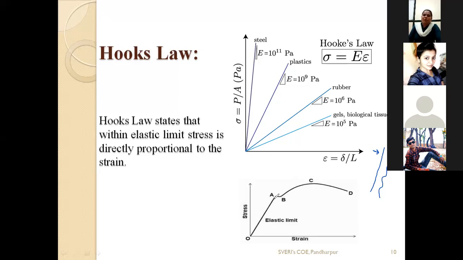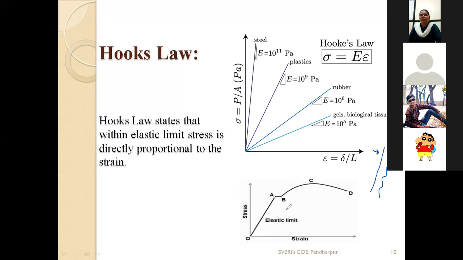Hooke's law states that within the elastic limit, stress is directly proportional to strain. See here, from O to A, you observe stress increases and by the same amount strain also increases. That's why stress is directly proportional to strain.